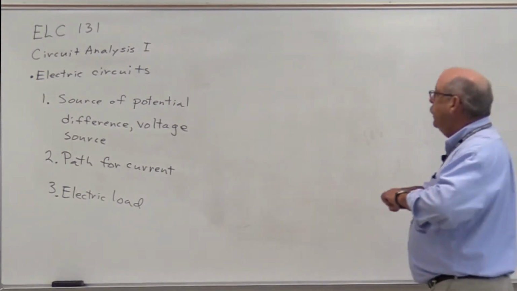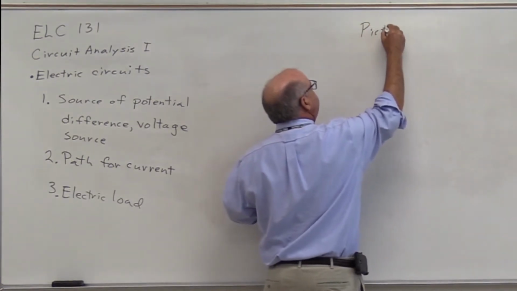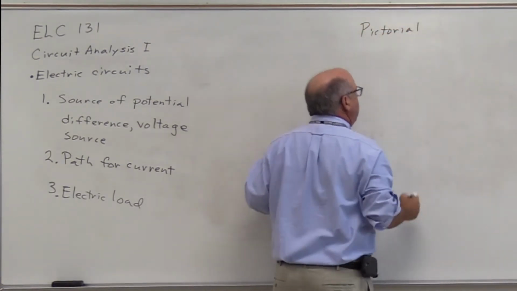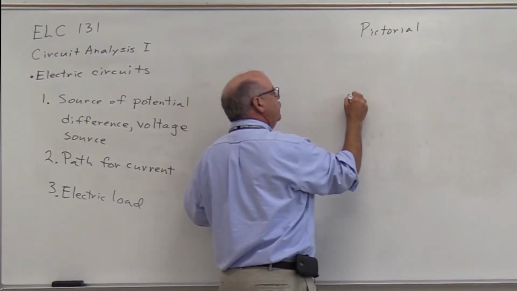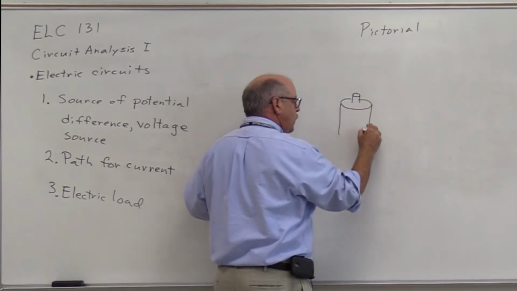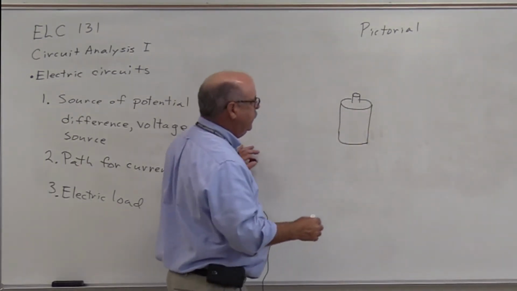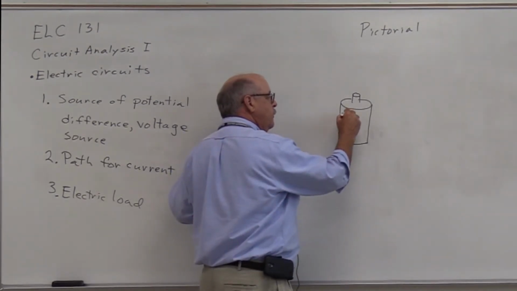So let's look at a pictorial diagram of an electric circuit. Again, we have to have some source of potential difference, and in this case, it's a single cell.